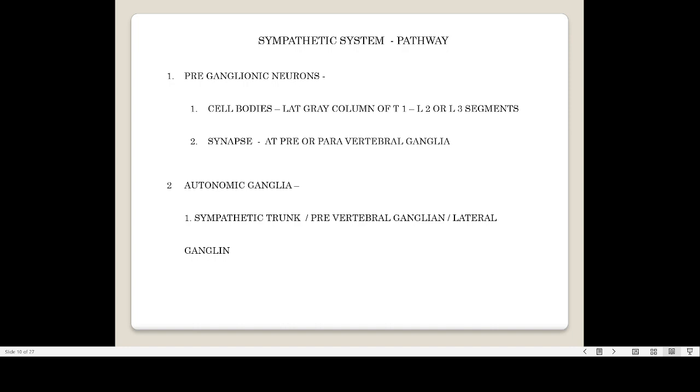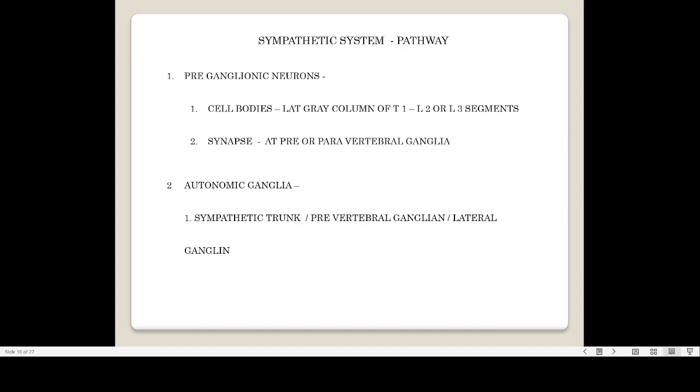In the sympathetic pathway, the cell bodies of the preganglionic neurons are located in the lateral gray column of the T1 to L2 or L3 segments of the spinal cord. Then the synapse, meaning the joining with another neuron, is at a paravertebral or prevertebral ganglion.